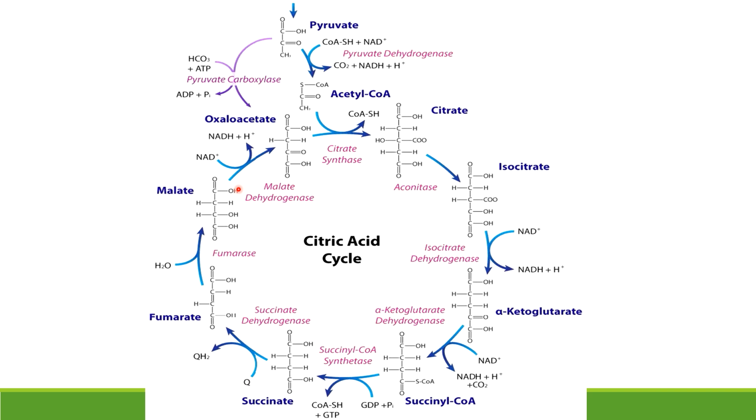Now malate is produced. This malate is now converted to oxaloacetate, wherein one more molecule of NADH is produced. The reaction is catalyzed by malate dehydrogenase. Now this oxaloacetate is ready to enter another sequence of events. So this is how the citric acid cycle operates.